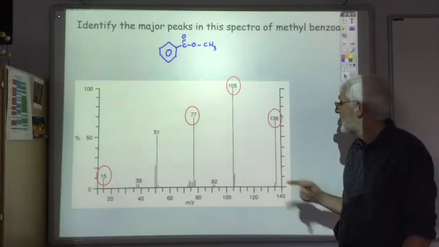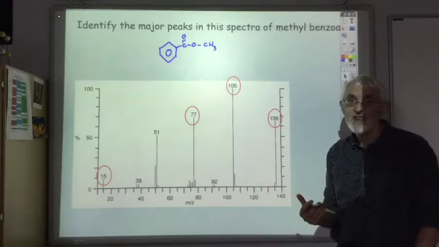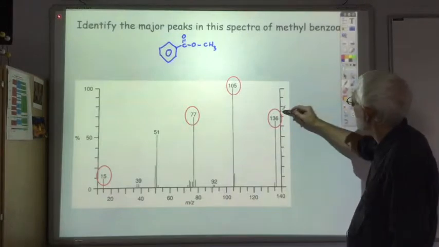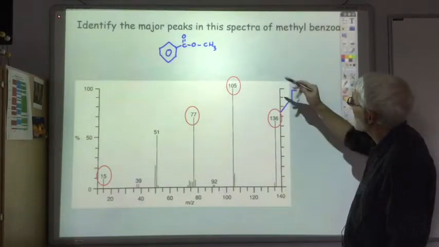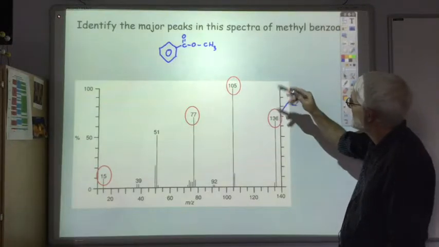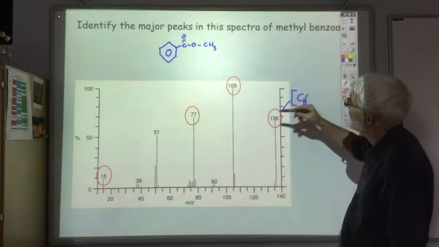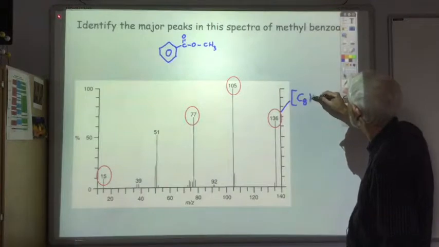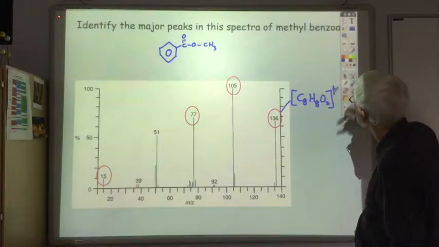Well, the highest one, the 136, isn't actually a fragment, it's a molecular ion. The way you would write it out would be, C6, C7, so it's 8 carbons, so it's C8, 5 hydrogens, plus 3, so C8H8O2, and then plus.